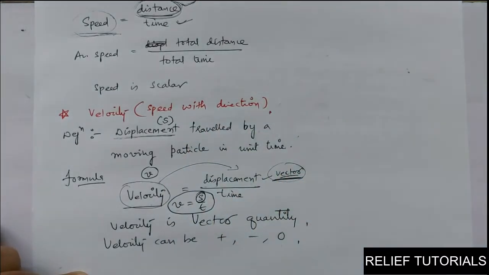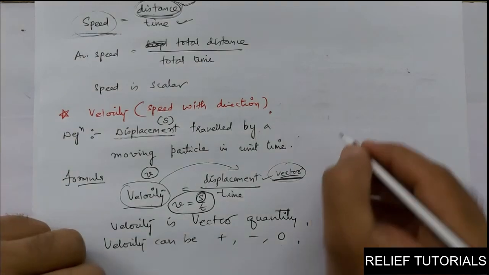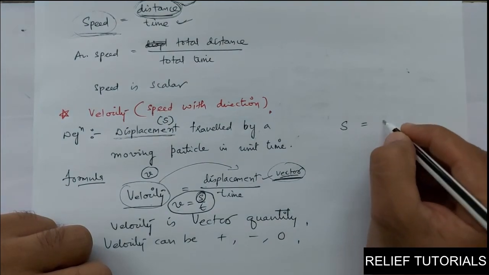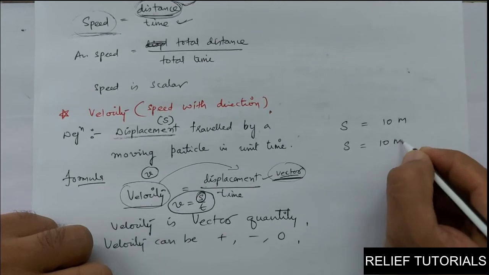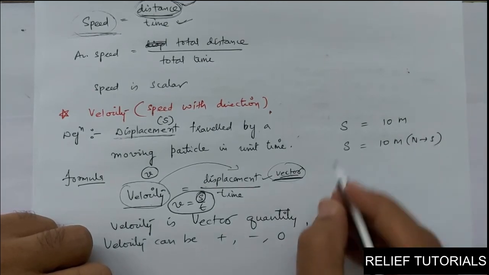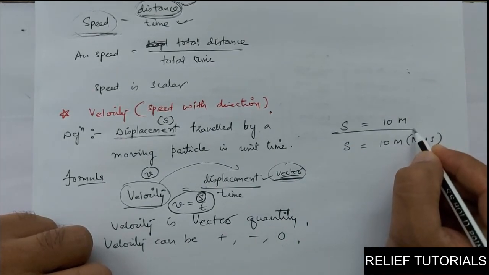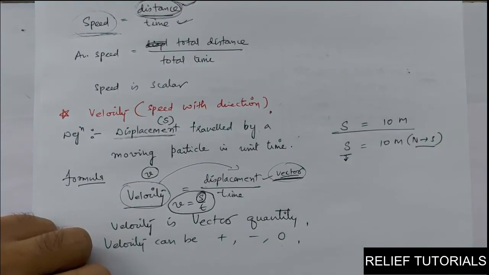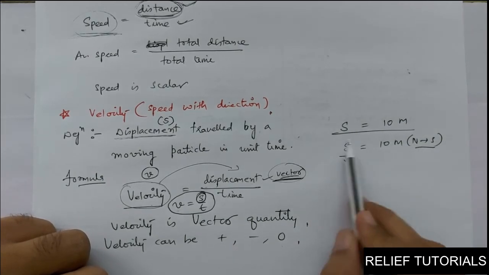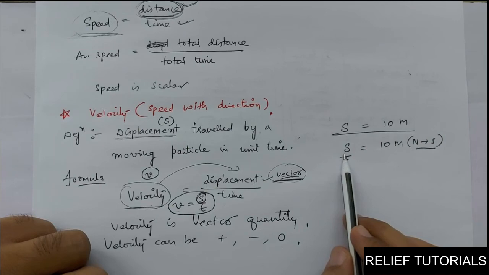Because distance is also symbolized by s, and displacement is also symbolized by s, there might be some confusion. To avoid it, observe carefully. For example, if I say s is 10 meter, this s is distance because it has no direction. If I say s is 10 meter from north to south, this s is displacement because it has direction.